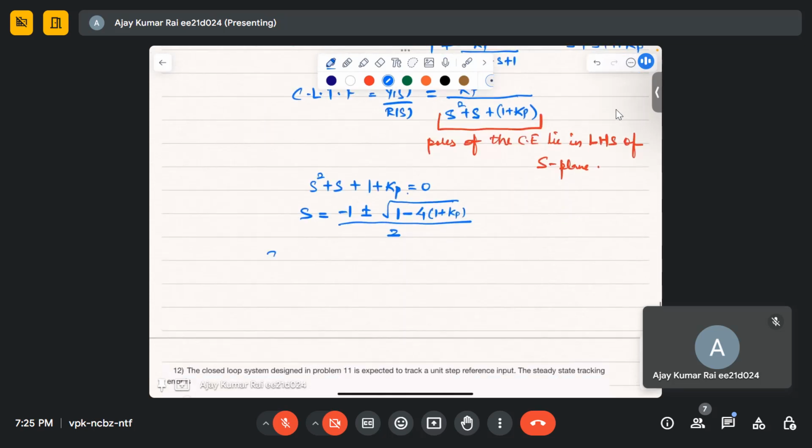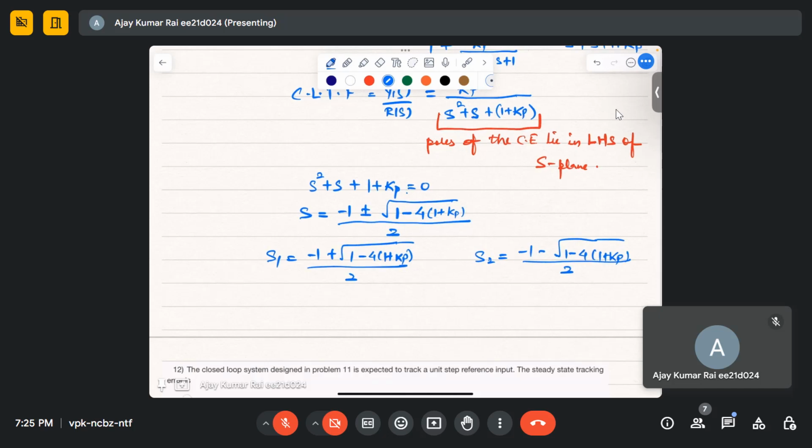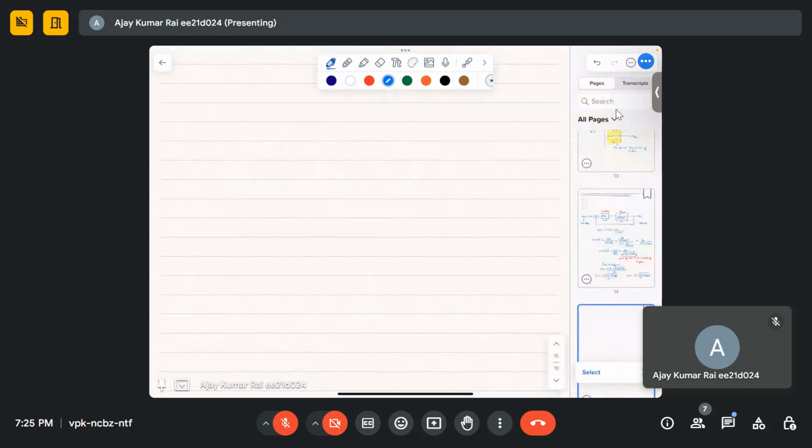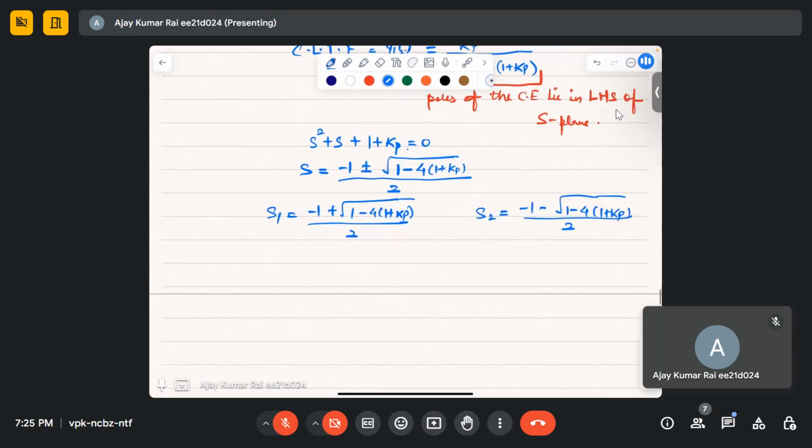So this will be S1 and S2: minus 1 plus root of 1 minus 4 times (1 plus Kp), by 2, and S2 will be minus 1 minus root of 1 minus 4 times (1 plus Kp), by 2. Okay, these are the two roots, and both these roots should lie in the left hand side.